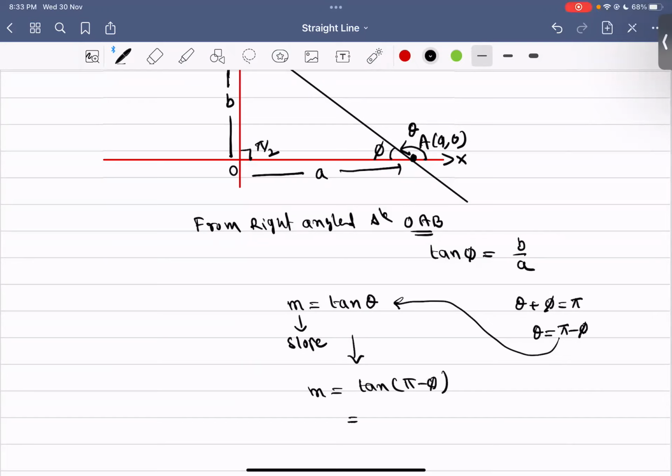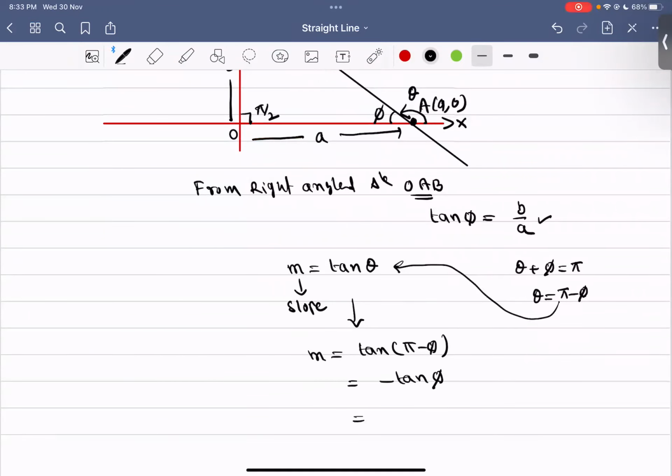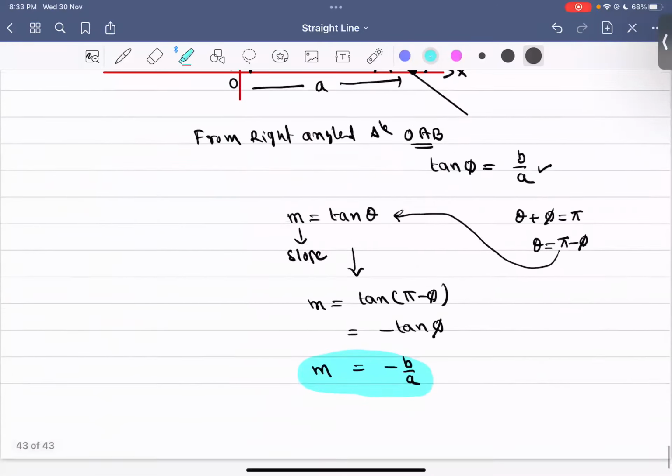Tan of 180 minus theta is minus tan theta. That's why minus tan phi here. Already we know tan phi is b by a. So the slope of the line is minus b by a.